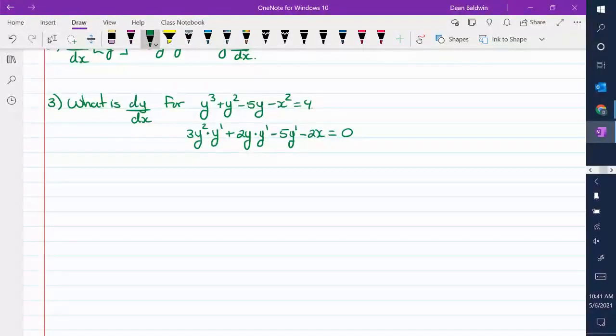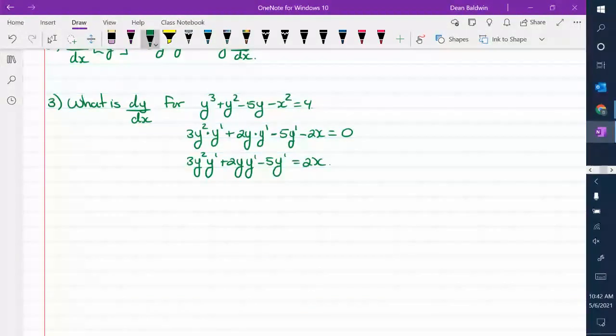Okay. Now we got to solve for y prime. So anything that doesn't have a y prime goes to the other side of the equation, which is only the 2x. I need to solve for y prime. How am I going to do that? I need to get y prime by itself.